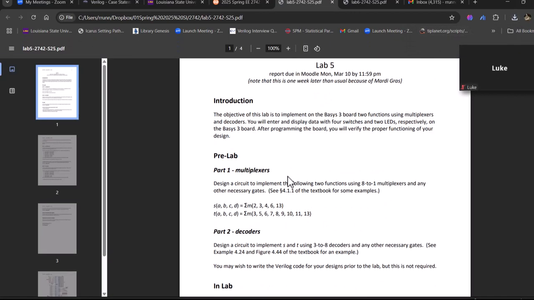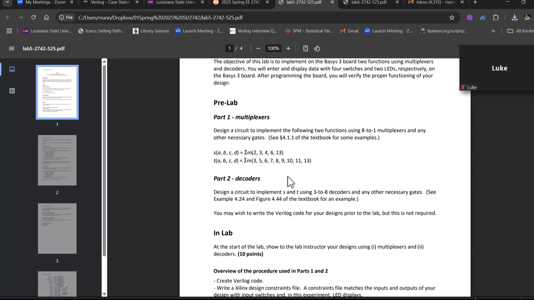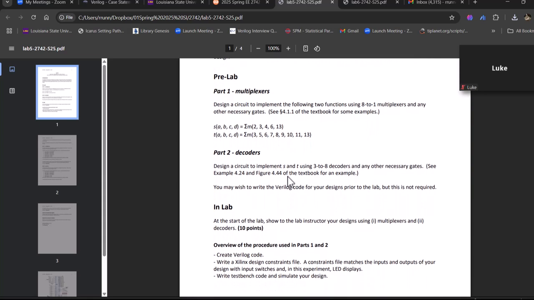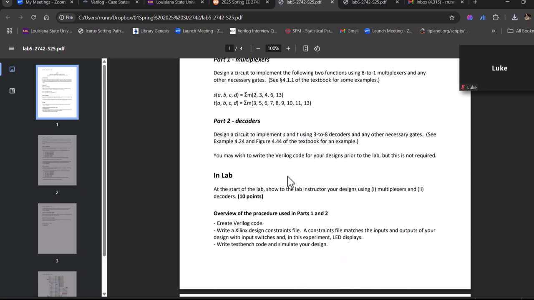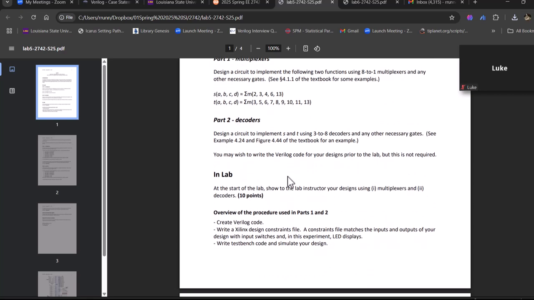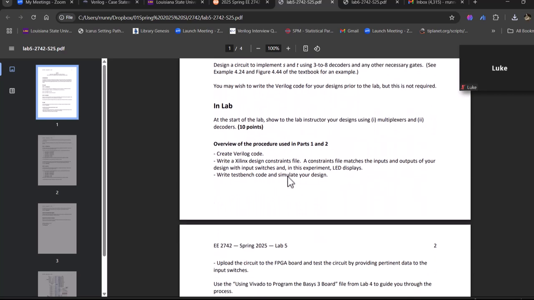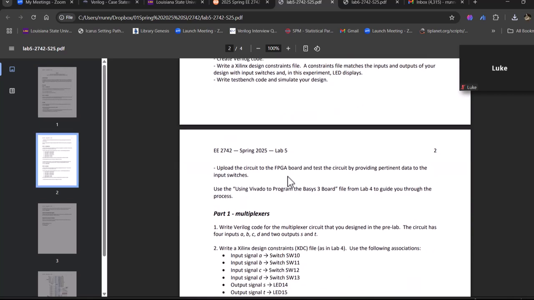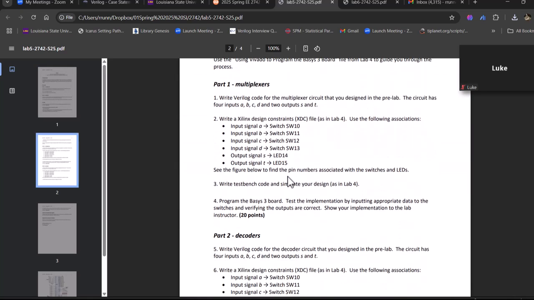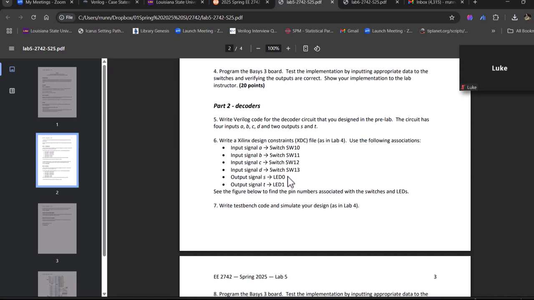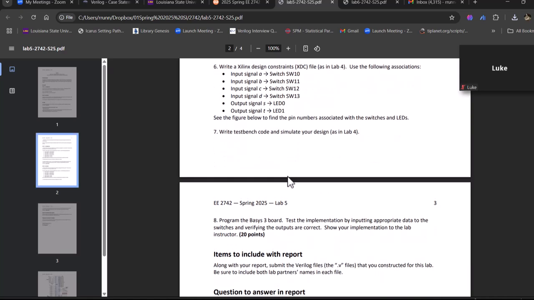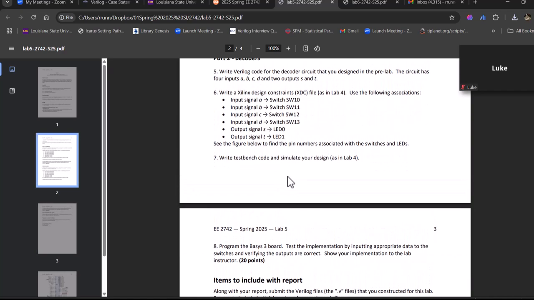Let's see what it is. We want to design a circuit to implement S using a decoder. Okay, create Verilog code. So what you can do with this, you won't get full credit, but you would get almost full credit.